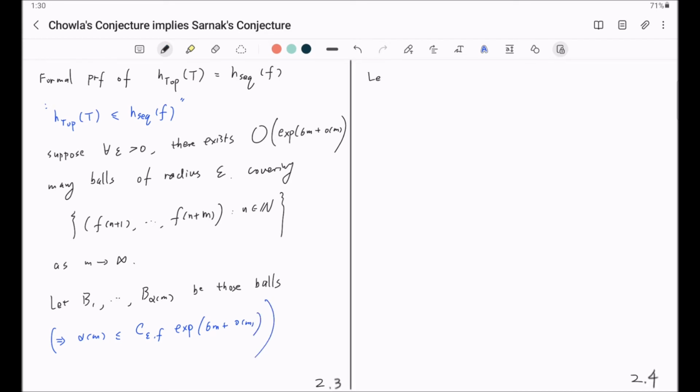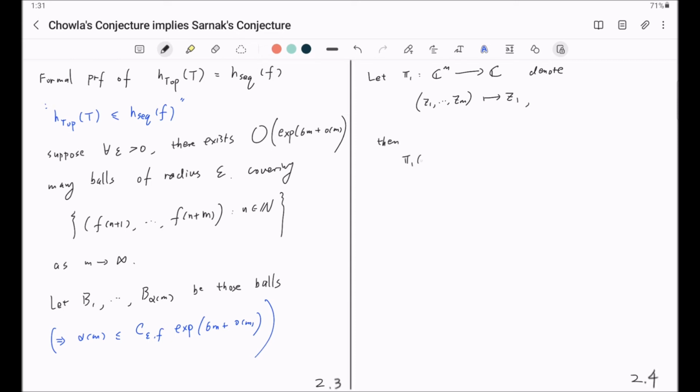Now let pi 1 be the projection from C^m to C, denote this projection onto its first component.